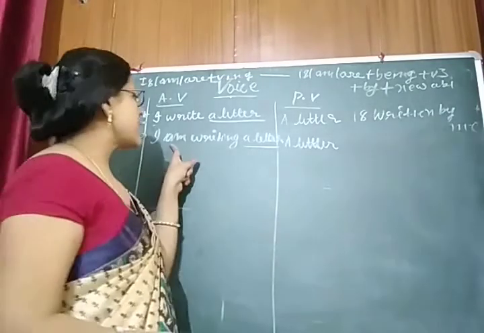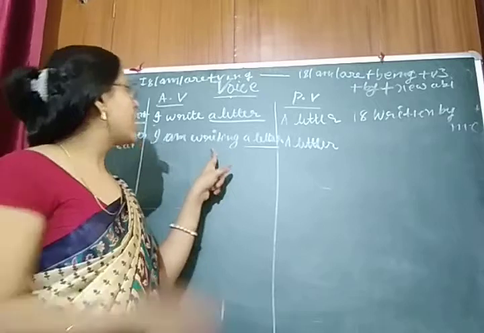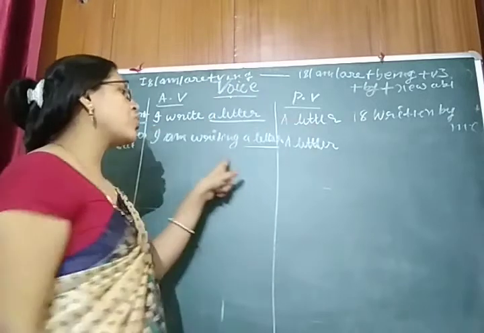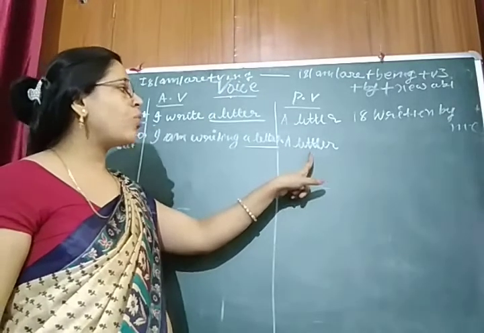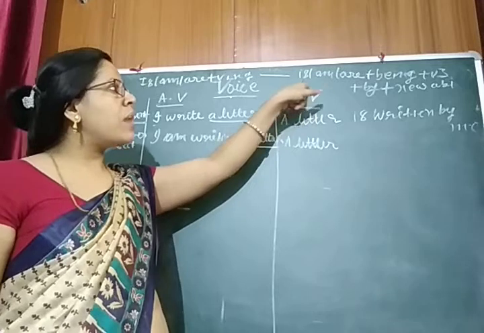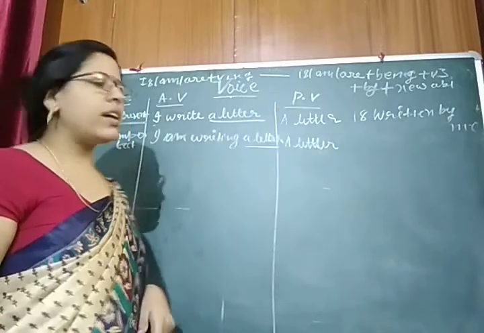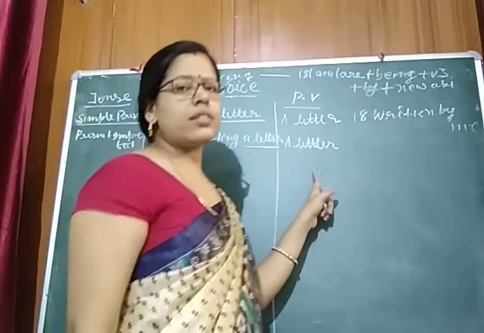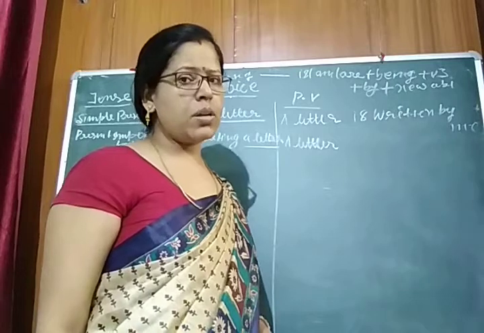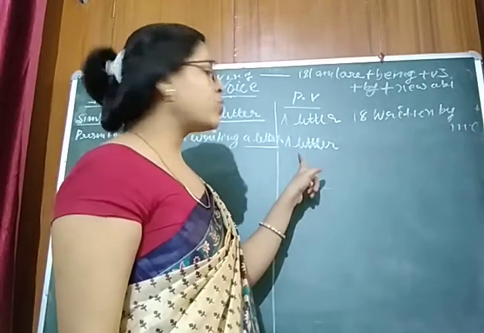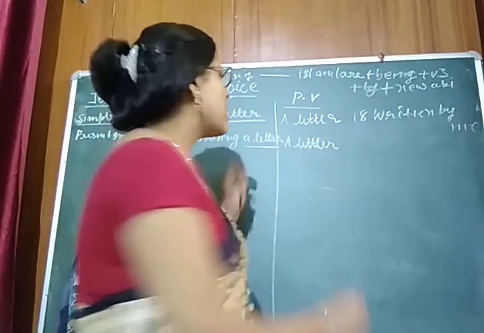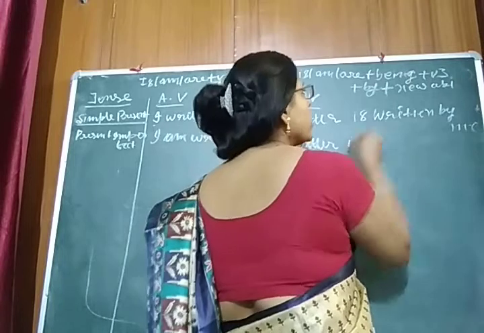So you are getting here am and V1 plus ing. This format you are getting over here. So we have to use here what? At first the helping verb, among is, am, are. Alright. You know very well a letter is an example of third person singular number, and that is why we will use here the helping verb is. A letter is, according to the rule, being.